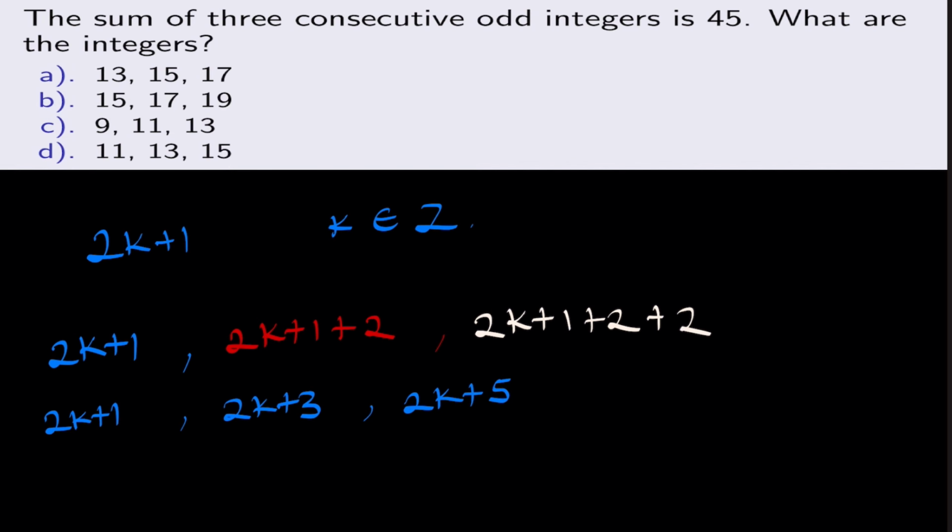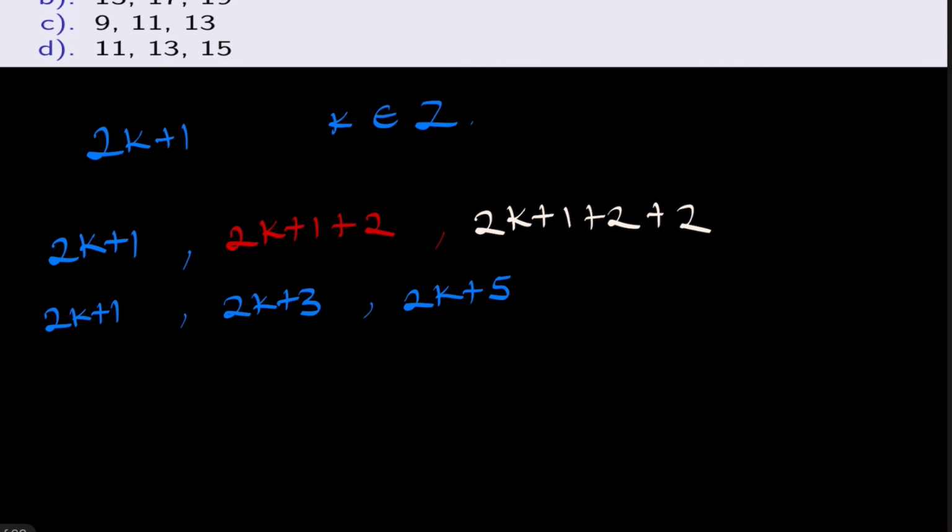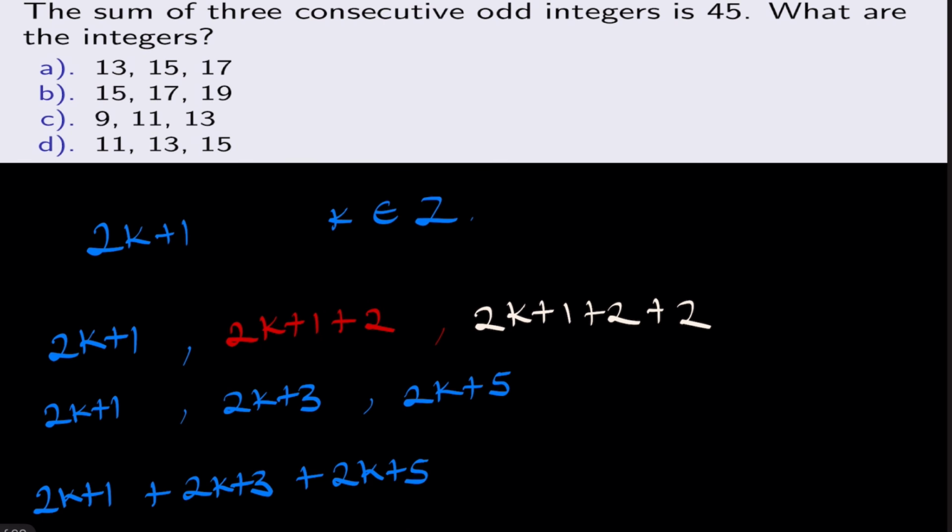And from the question, we are being told that the sum of these three consecutive odd numbers is 45, thus we need to add them. And so we are going to have 2k plus 1 plus 2k plus 3 plus 2k plus 5. And we were told that the sum of these is 45.